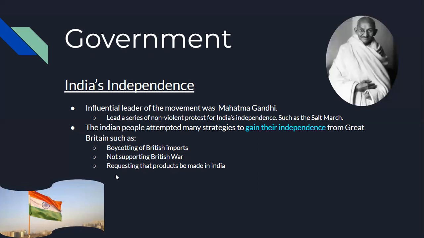And the Indian people requested that products, such as clothing, be produced in India or made in India. So these were a few of the different strategies that the Indian people utilized to gain their independence from Great Britain.